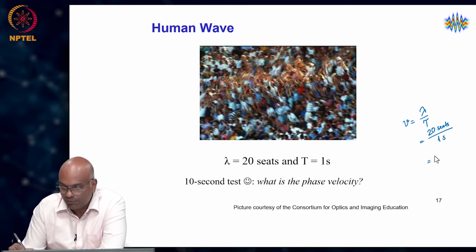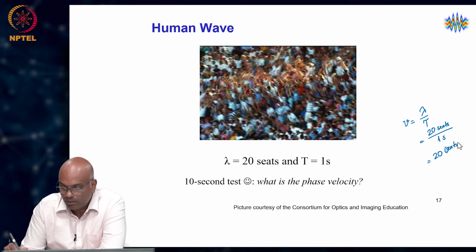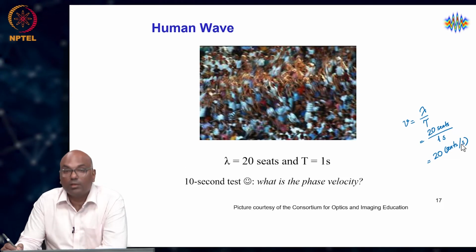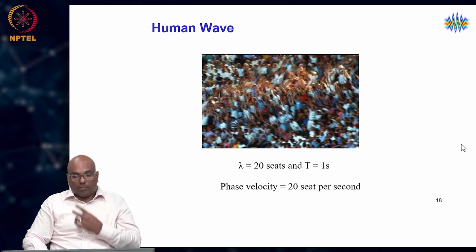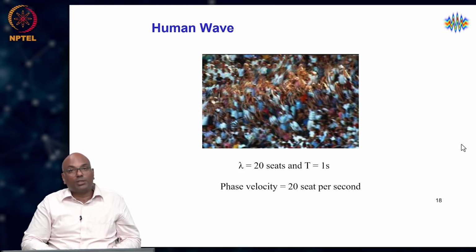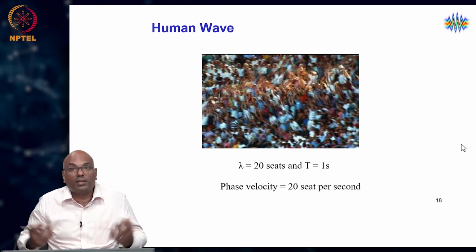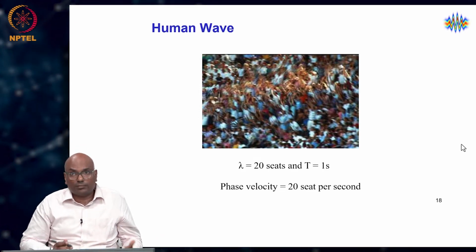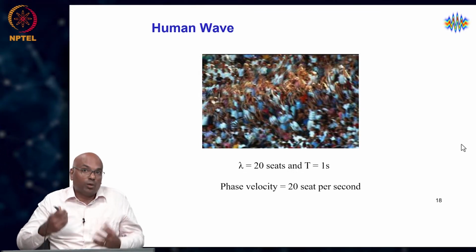So, therefore, the phase velocity of the wave is 20 seats per second. Okay, 20 seats per second is the phase velocity of the human wave. It is just as accurate and just as fine to describe these phenomena also as waves.